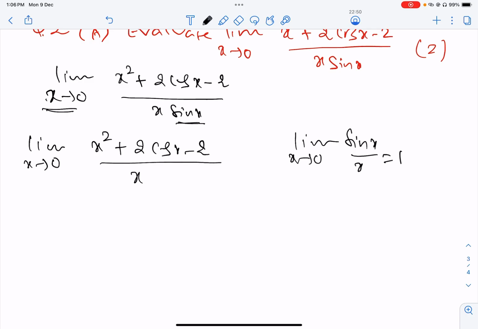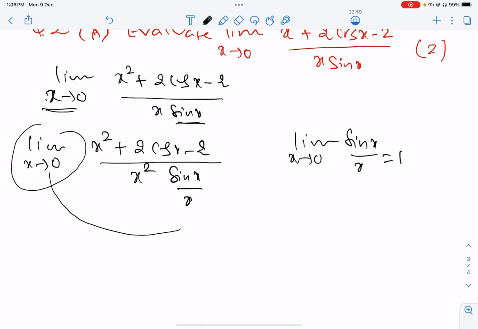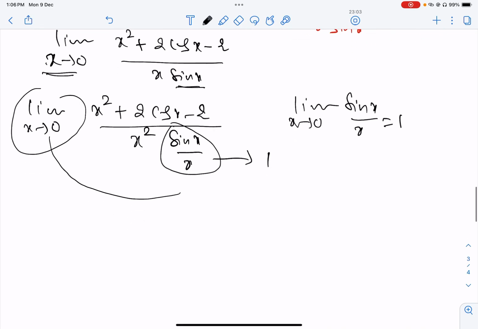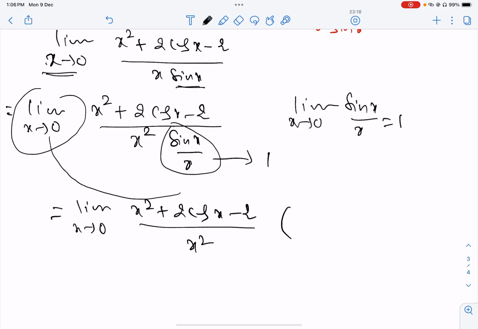Now we divide by x and multiply with x. So that will be x square sin x by x, and when we take limit x tends to 0, sin x by x will become 1, and so we have limit x tends to 0, x square plus 2 cosine x minus 2 divided by x square.